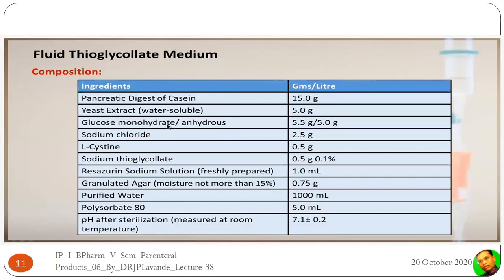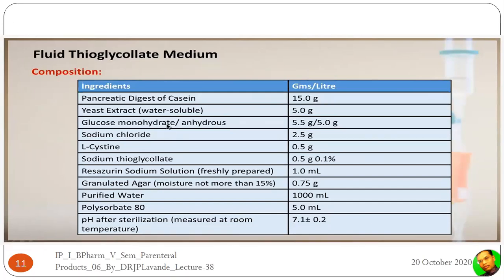So this is the overall composition for the fluid thioglycolate medium and the quantity of each individual ingredient. The fluid thioglycolate medium contains ingredients like the pancreatic digest of casein, water-soluble yeast extract, glucose monohydrate or anhydrous form, sodium chloride, L-cysteine, sodium thioglycolate, resazurin sodium solution, freshly prepared, granulated agar with moisture not more than 15%, purified water, and polysorbate 80.